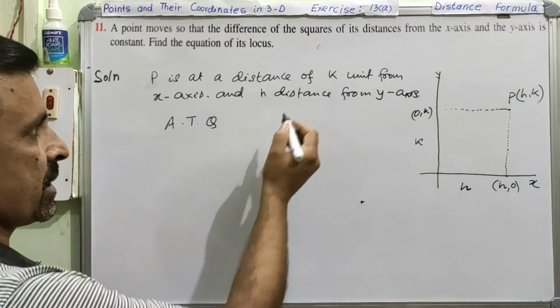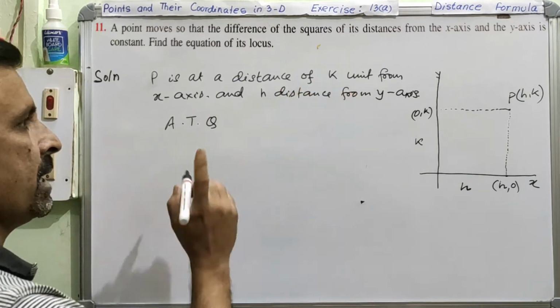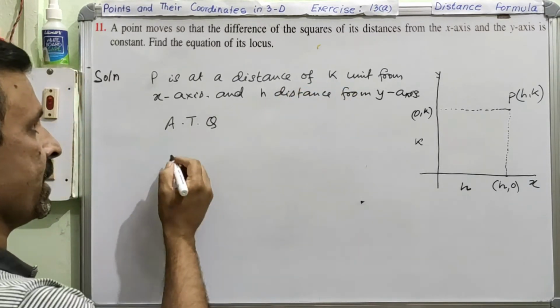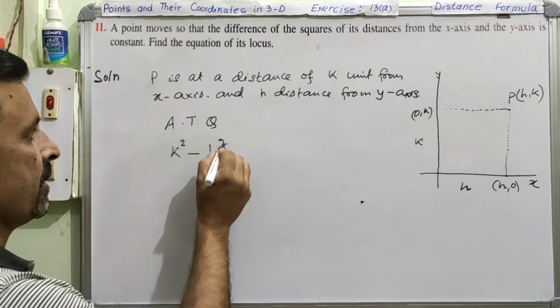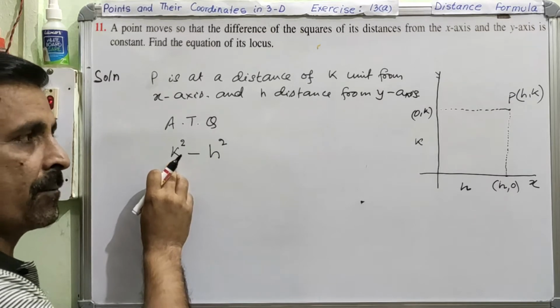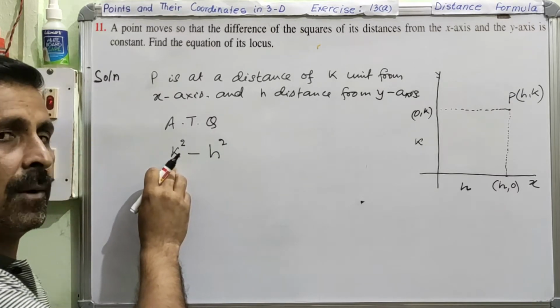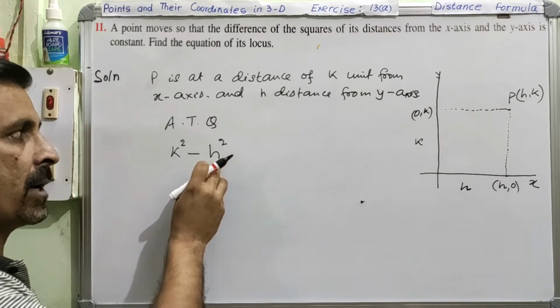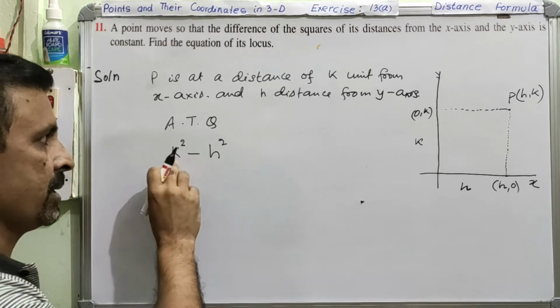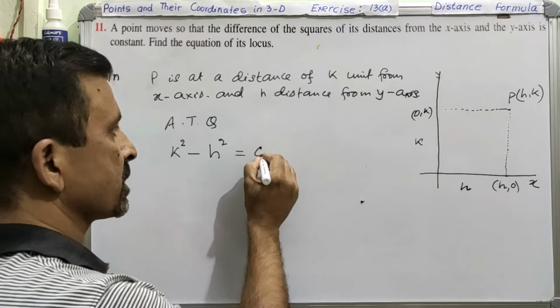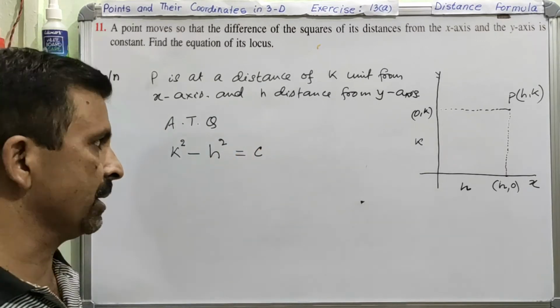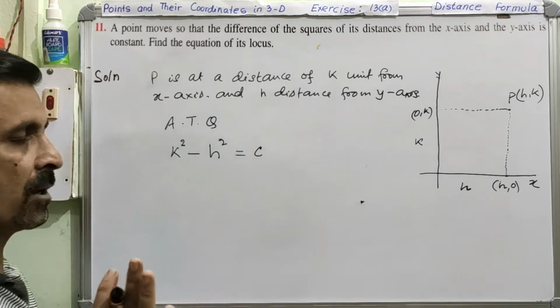Therefore, k square minus h square is equal to a constant. Suppose the constant is any number c. That's all. Your work is done.